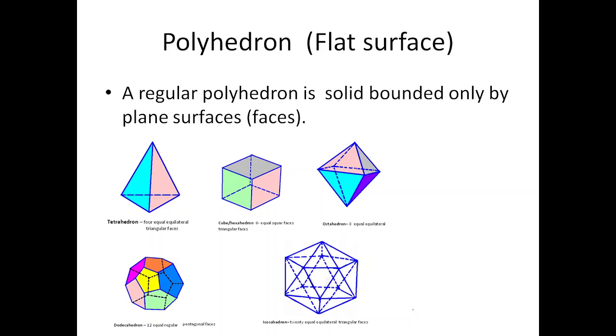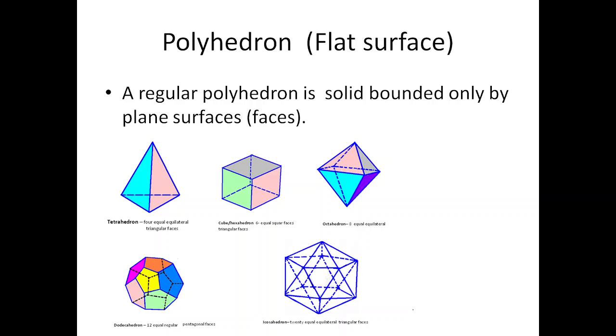So a polyhedron is a solid bounded by only plane surfaces or flat surfaces. You just observe: tetrahedron is there, cube is there, octahedron is there, decahedron is there, dodecahedron is there. In this case all surfaces are flat.